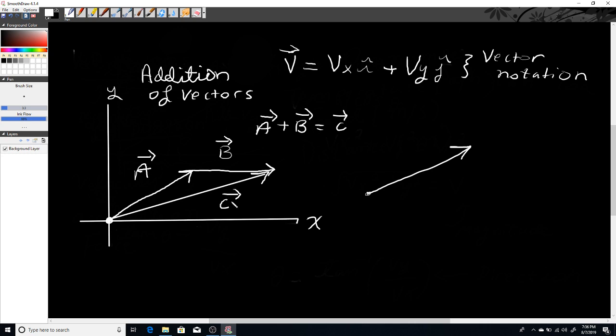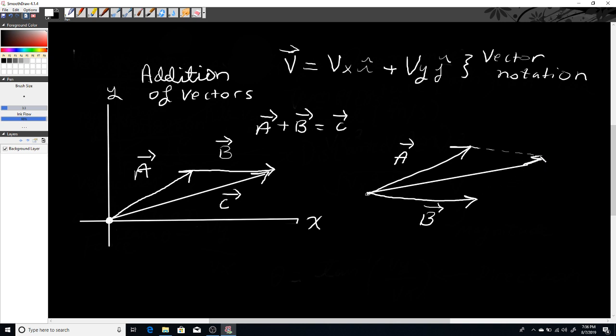You can also represent a vector similar to this by, let's say this was our vector A, connecting the two tails and allowing the vectors to extend as they normally will, and then just allowing from this point to extend vector C. Okay.